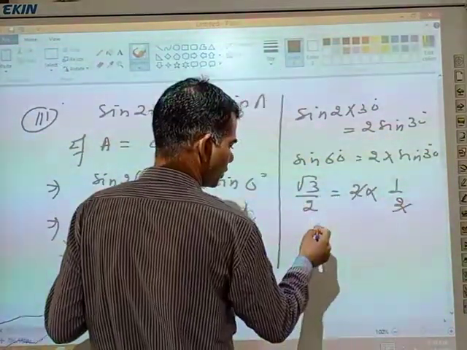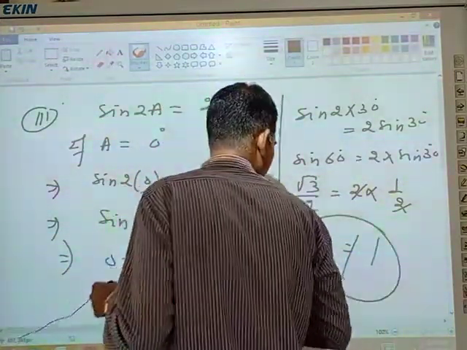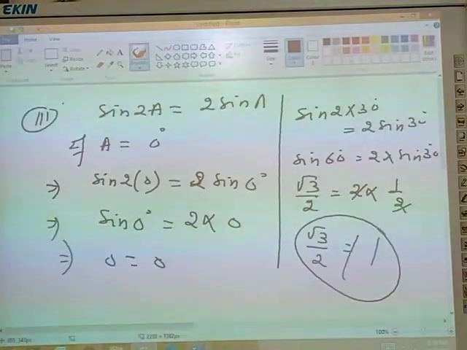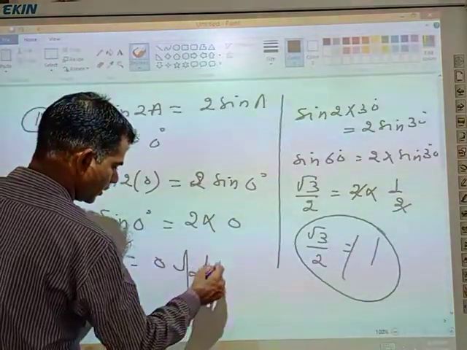How is it possible? Root 3 by 2 is not equal to 1. Any problem? Any doubt? No, sir. Your option A is correct.